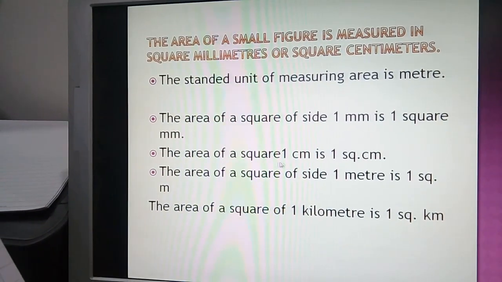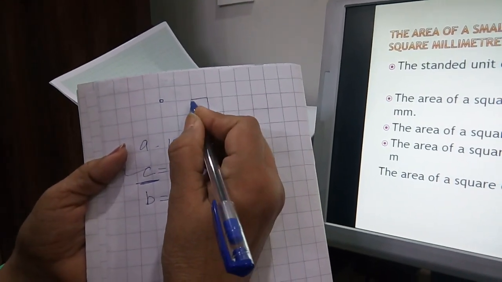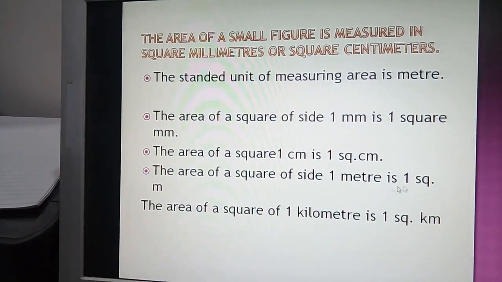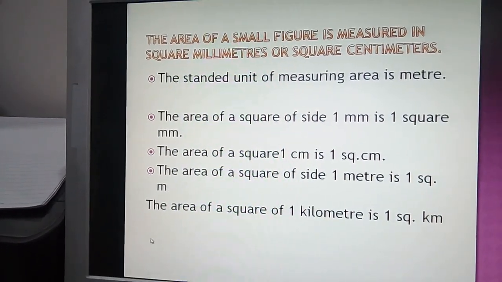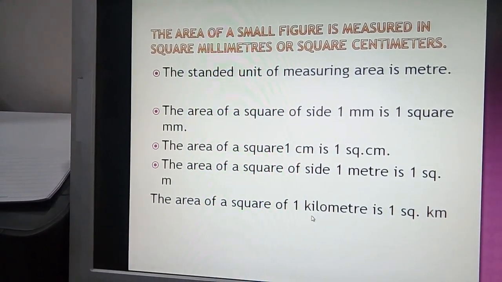The area of a square of side 1 centimeter is 1 square centimeter. The area of a square of side 1 meter is 1 square meter. The area of a square of side 1 kilometer is 1 square kilometer.